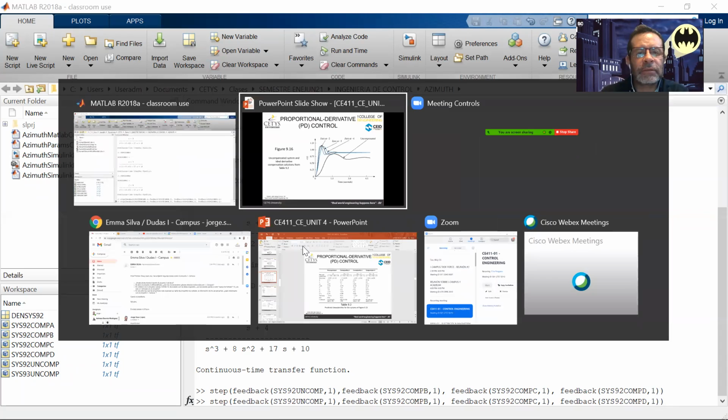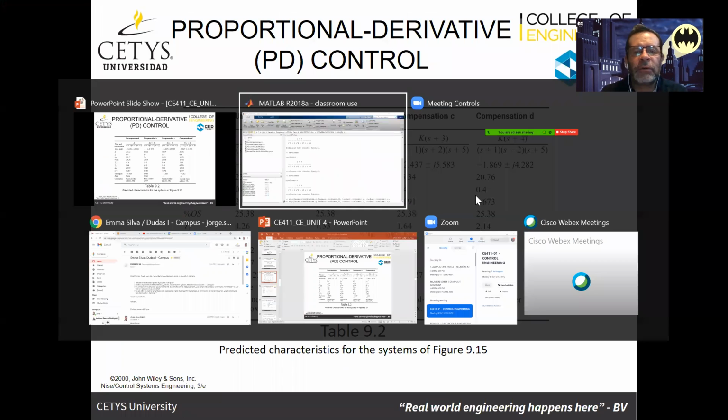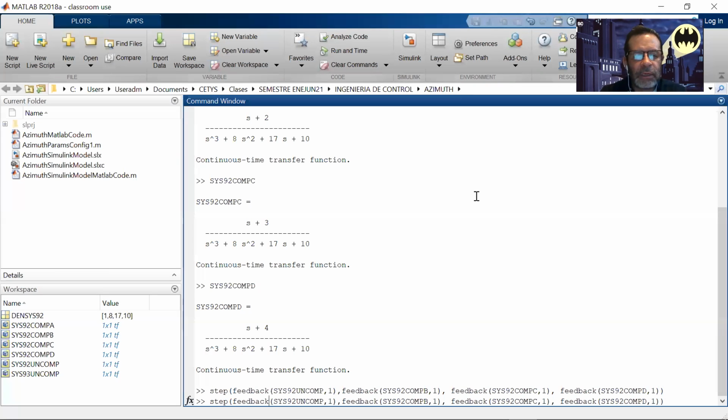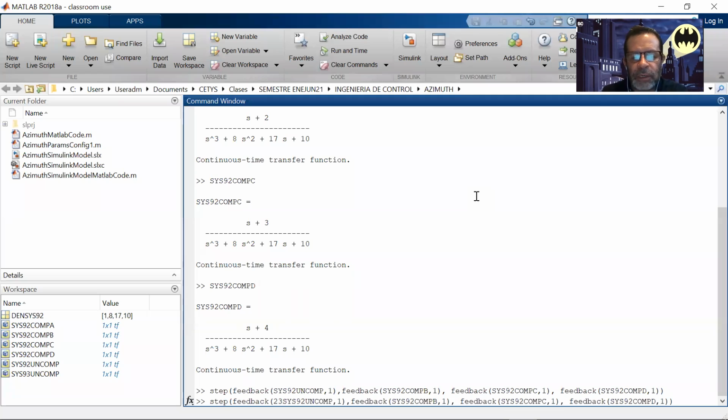Remember that for each of the situations, we're looking for 25.38. So each of the cases has a different K, and I'm going to write those down again. For the first one, K is going to be 23.72 times the uncompensated one.